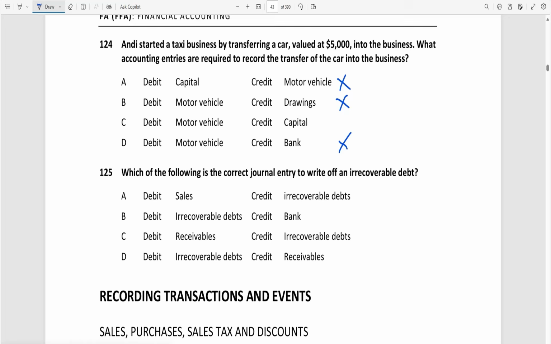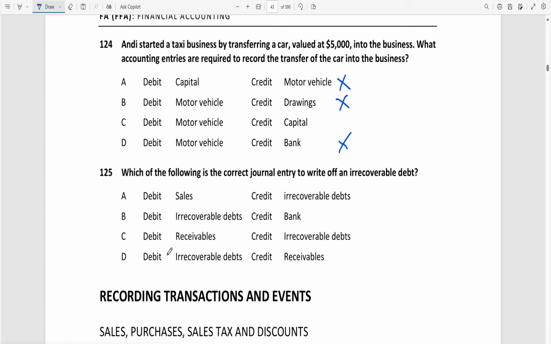So first of all, we need to reduce the receivable balance. Reducing receivable means it should be posted on the credit side. Why? Because an increase in receivable is posted on the debit side. So now we have to reduce the receivable balance. That's why it should be posted on the credit side.